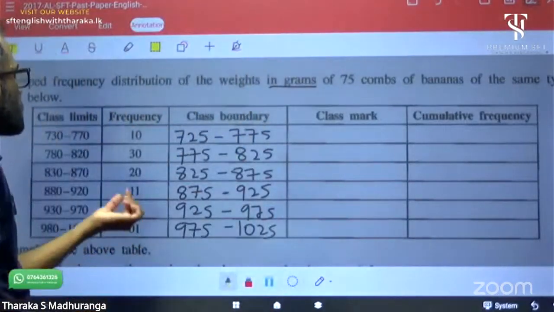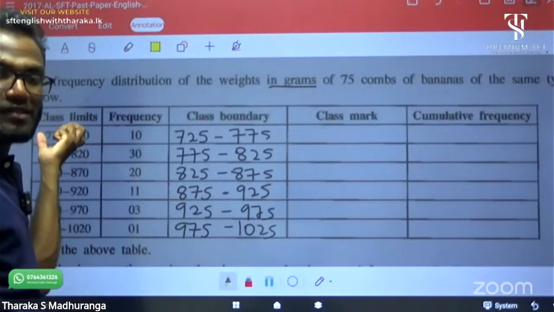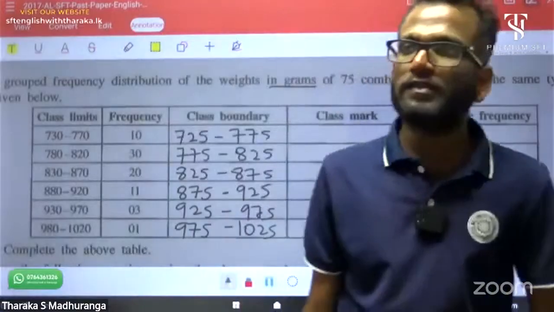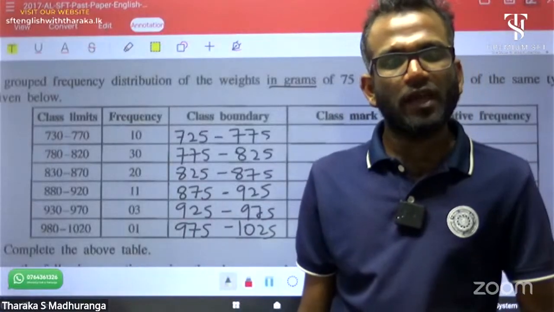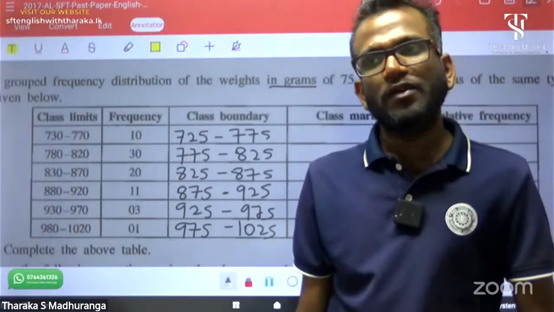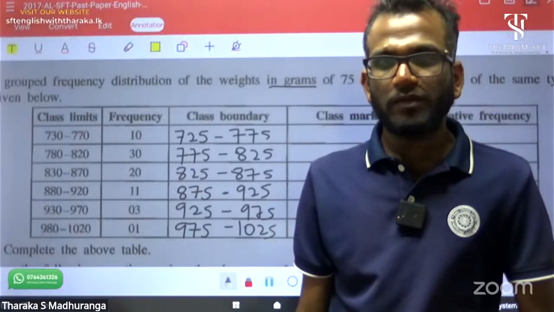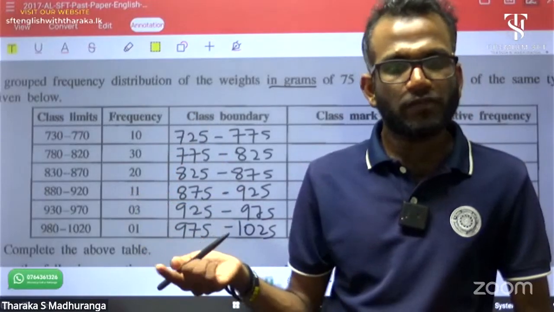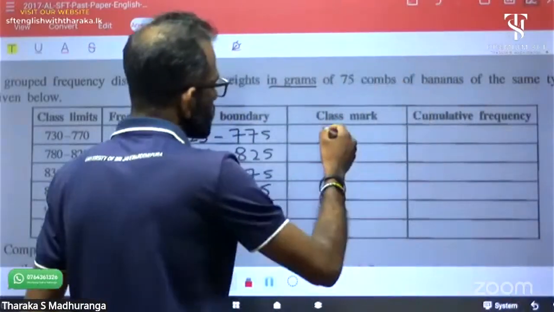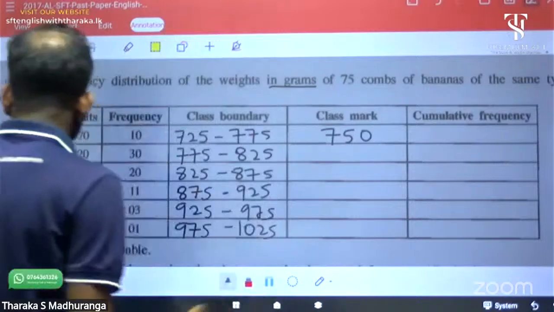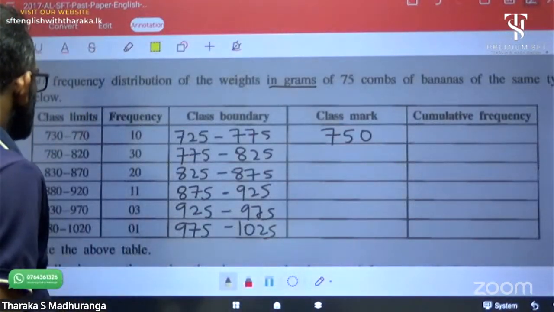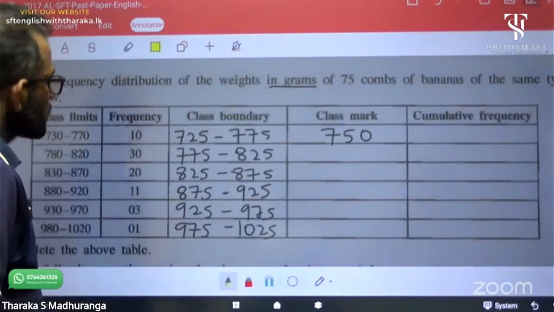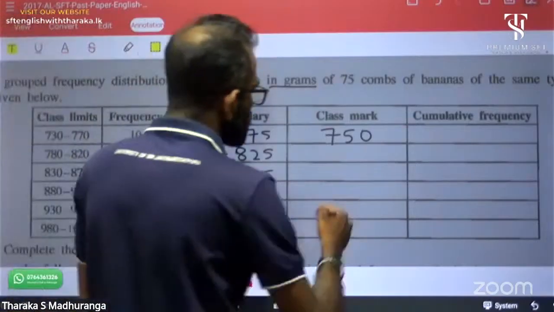Class mark is the midpoint of any class. Add the class limits and divide by 2. 730 and 770: 70 plus 30 is 100, 700 plus 700 is 1400, then plus 100 is 1500. 1500 divided by 2 is 750. Next, 80 plus 20 is 100, 1600 divided by 2 is 800.